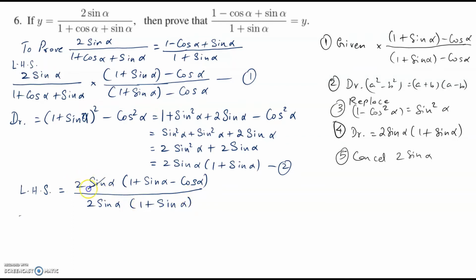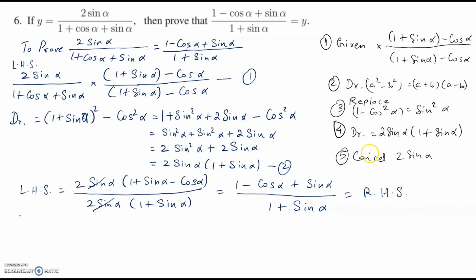Now 2 sine alpha and 2 sine alpha will be cancelled. So your LHS now will become 1 minus cos alpha plus sine alpha divided by 1 plus sine alpha, after rearranging. So this is our right hand side.